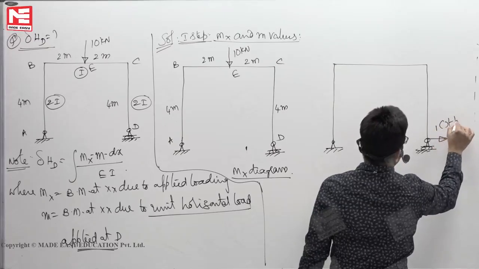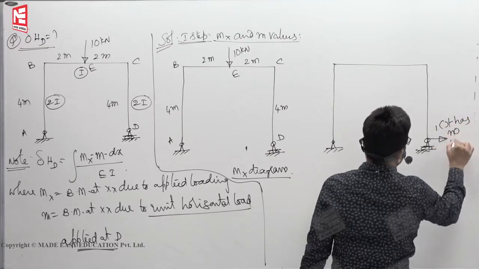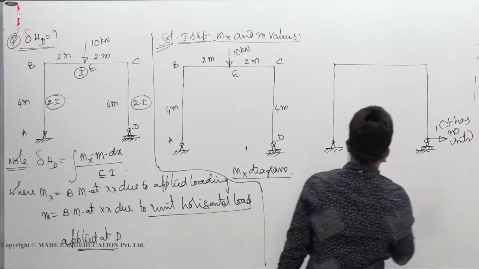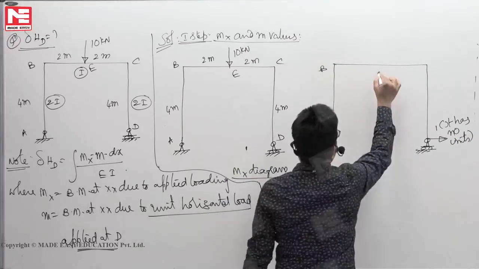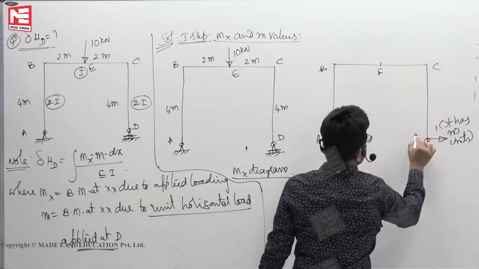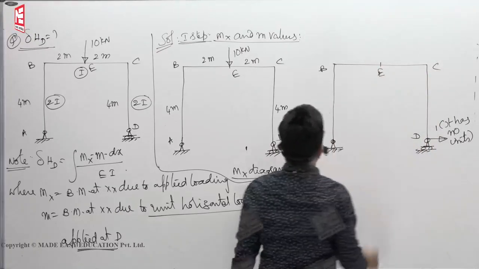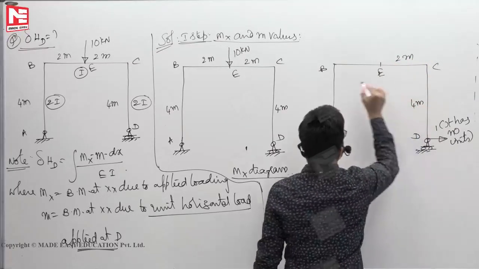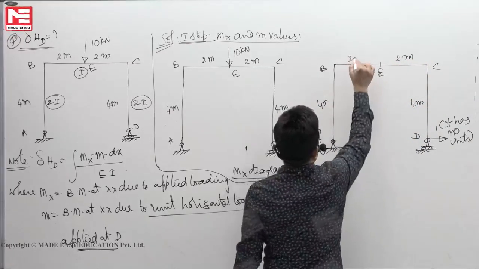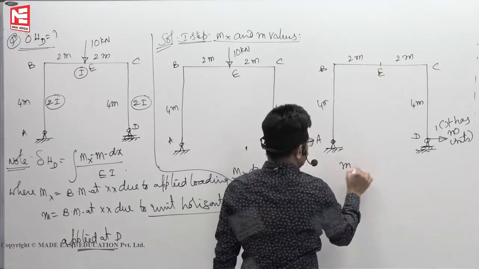This one has no units. Again A, B, E, C, D. Same length, 2 meters, 4 meters, like this. This is the small m diagram.